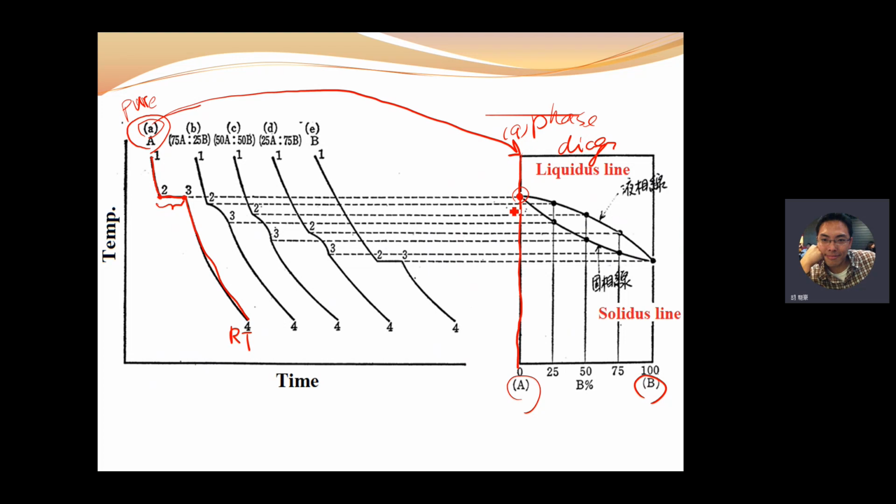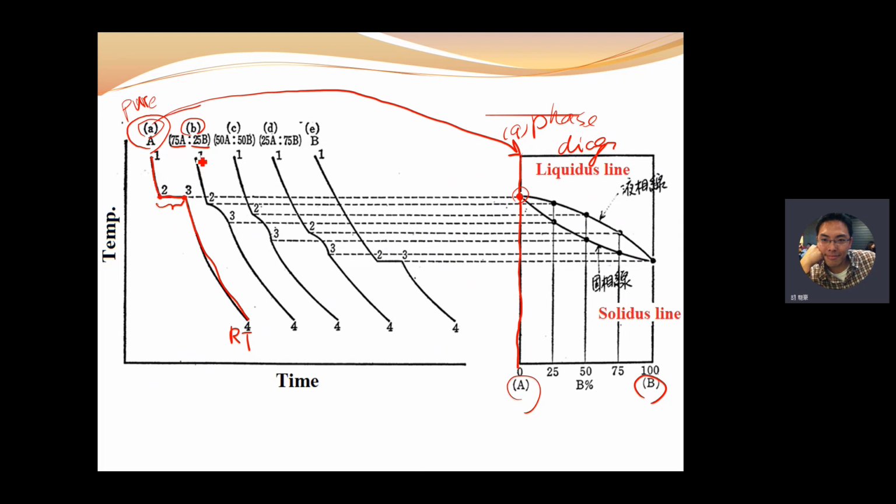And if we adjust the composition between element A and B, for example 75 weight% of A and 25 weight% of B, say it's a B curve.